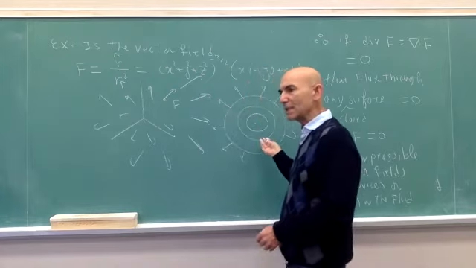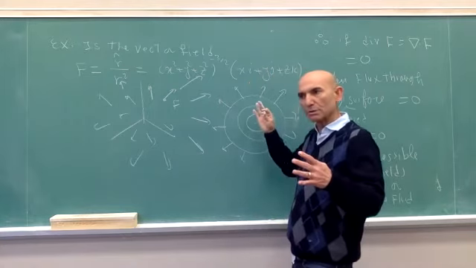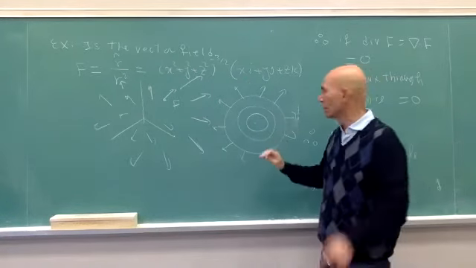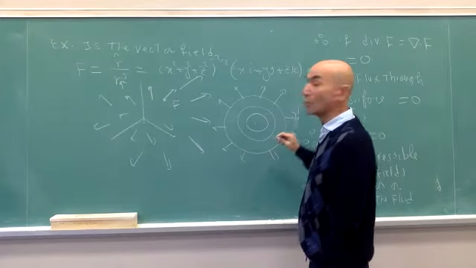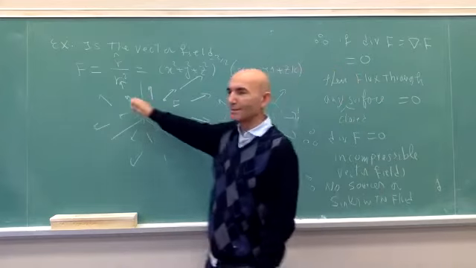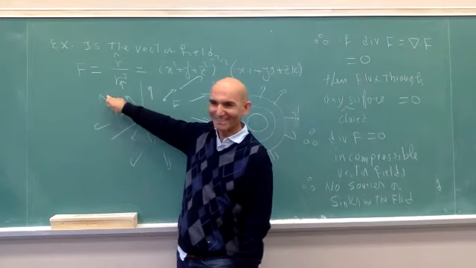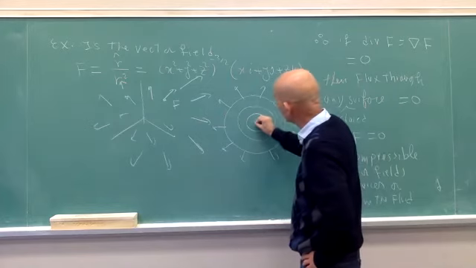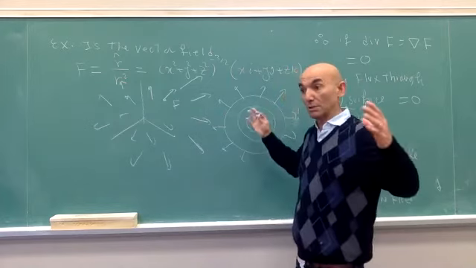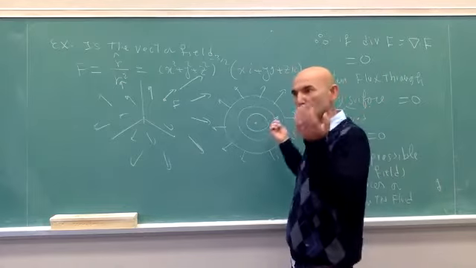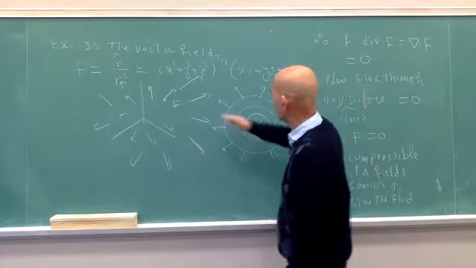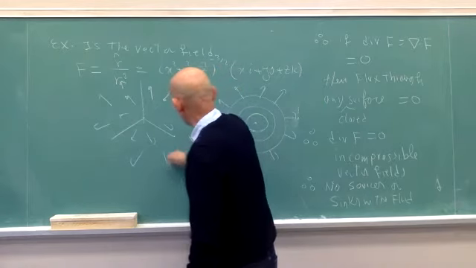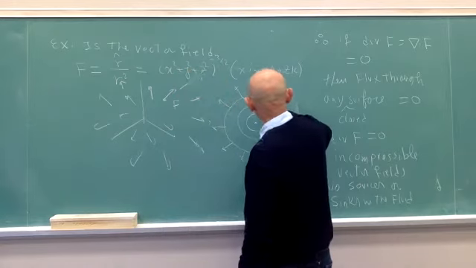Its length is proportional to the inverse of the square of the distance, not the square of the distance, the inverse square. There is an inverse square law. So, for example, as you approach the origin, you get infinity, right? So there's a singularity at the origin. Sorry, I drew it wrongly here. It should decrease as you move away.